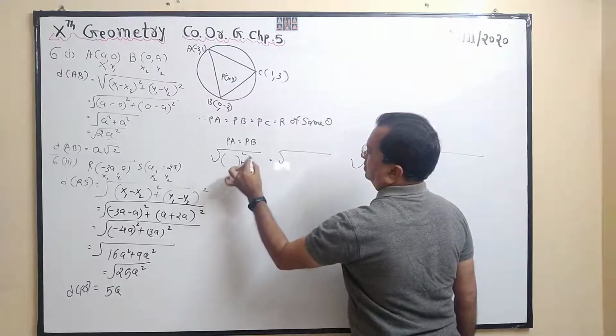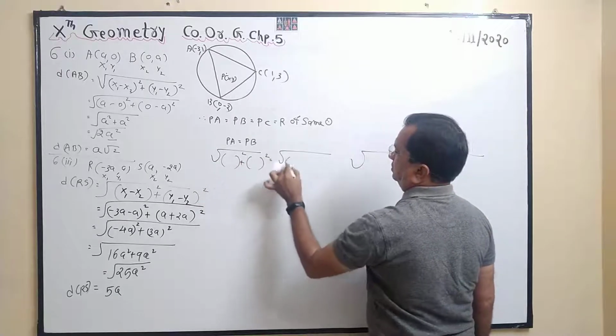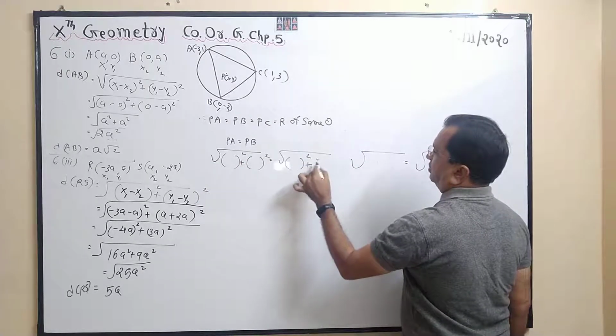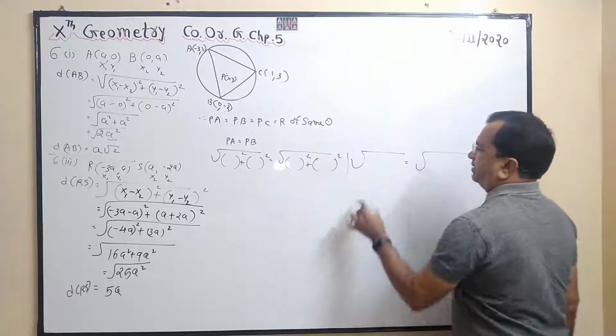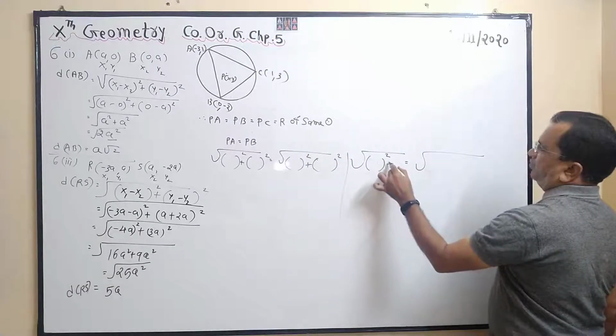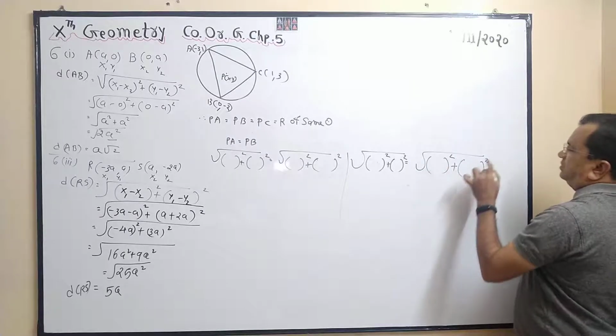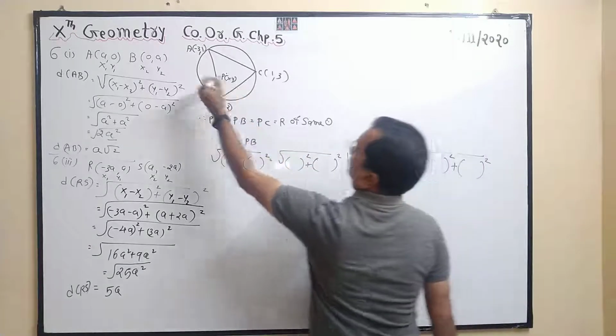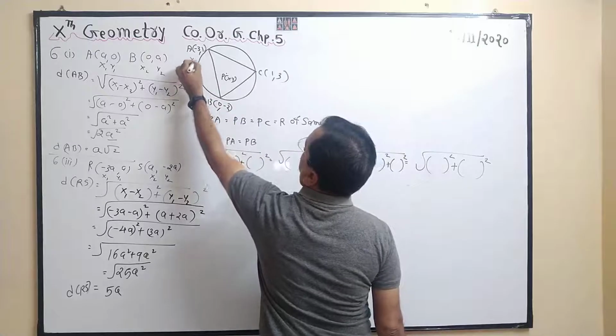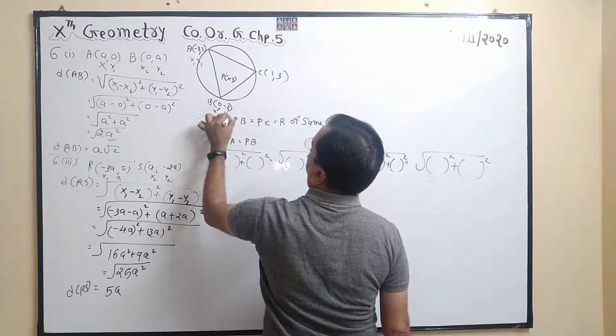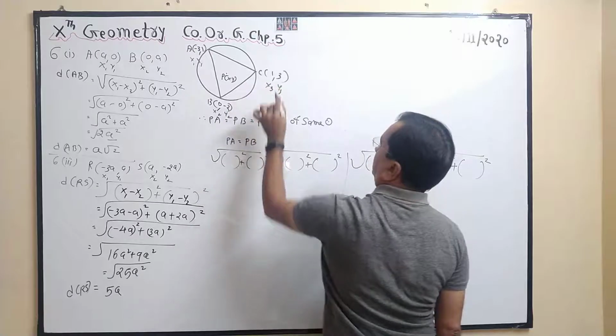So first I will write the distances: first bracket square, second bracket square, for each. So these all we will take first. This is x1, y1, x2, y2, x3, y3.